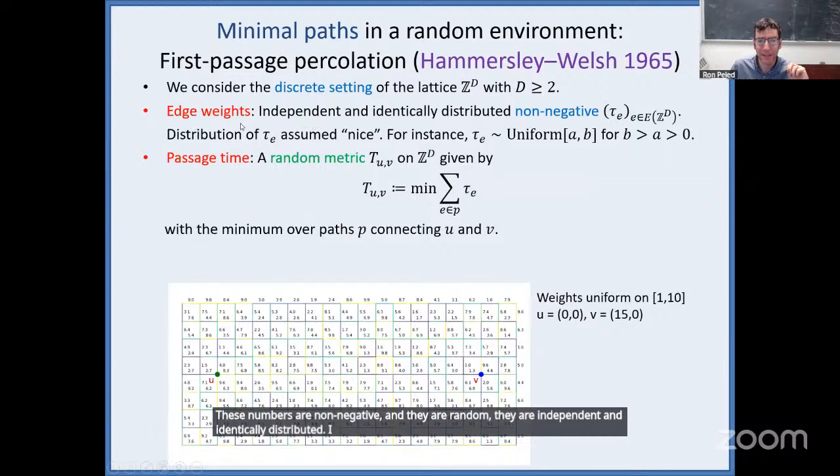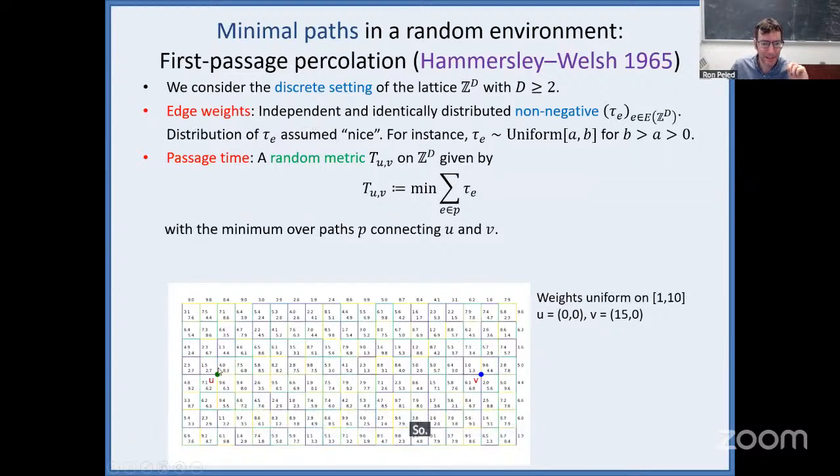I call them the edge weights. This edge has the weight 4, and this edge has the weight 8.3, and so on. You should think of these numbers as the time it takes to traverse an edge. So to traverse this edge with 9.2, it takes 9.2, say, seconds.